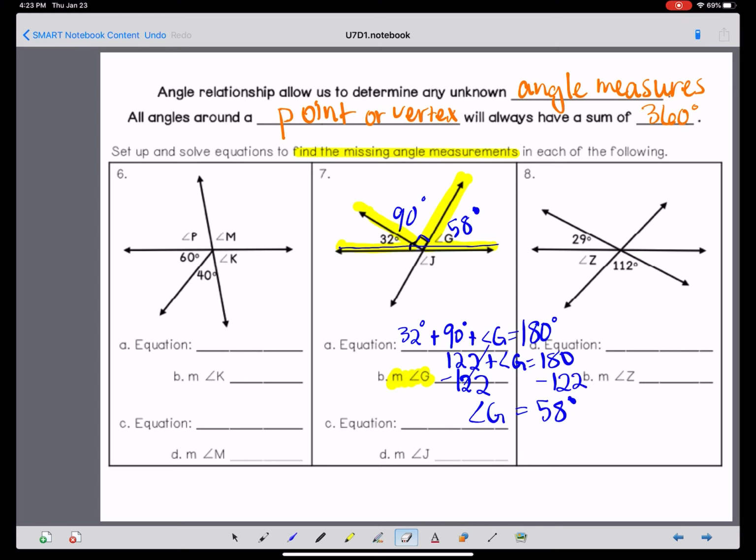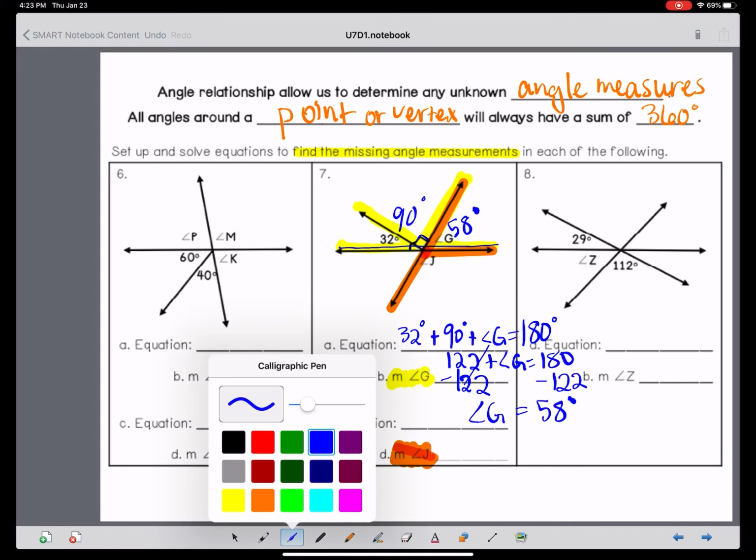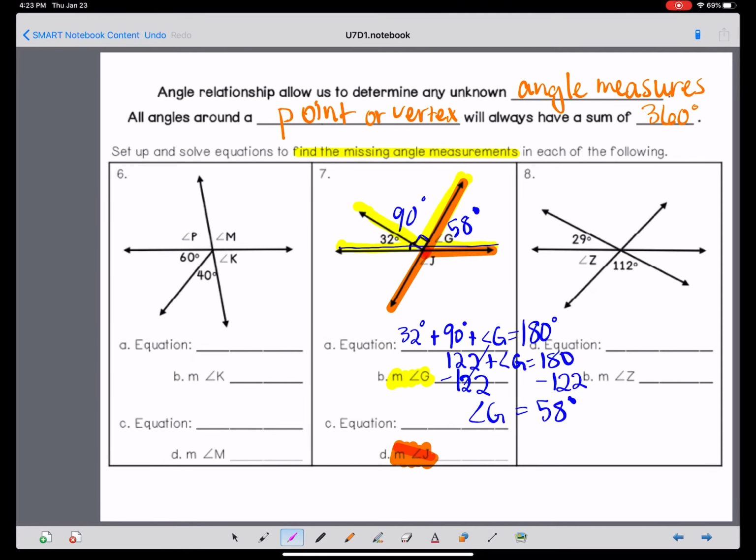All right, now let's use a different color, orange. We need to figure out what the measurement of angle J is going to be. Angle J is right here. I'm noticing that they create a straight line. Angle J and angle G create a straight line. Angle G is 58 degrees. I just need to figure out what this angle is: 58 plus what will give me 180.